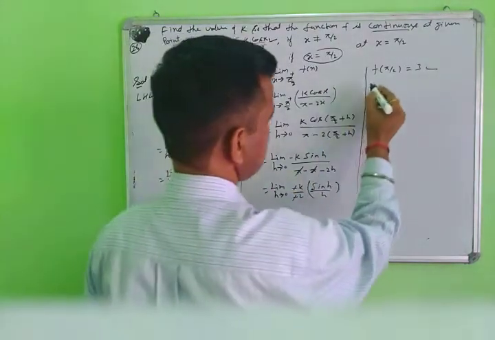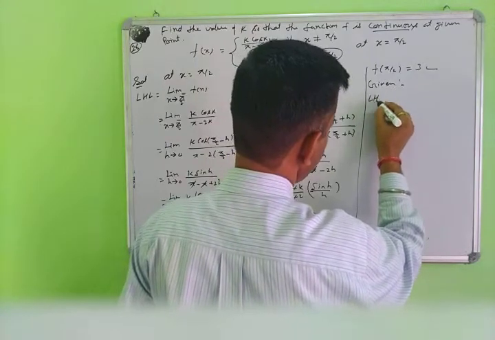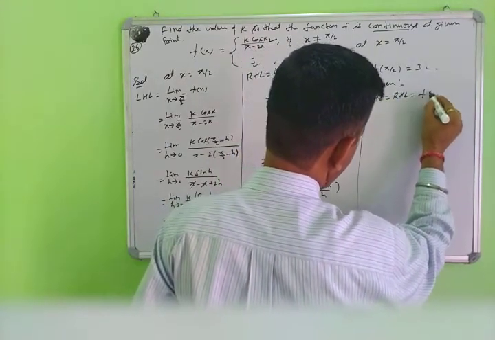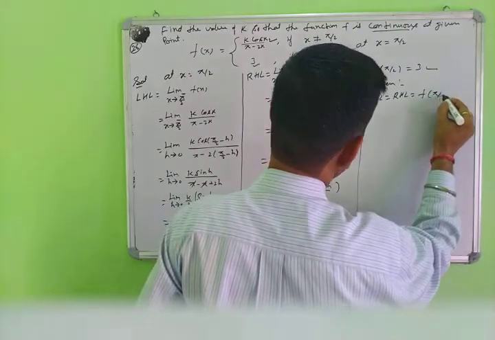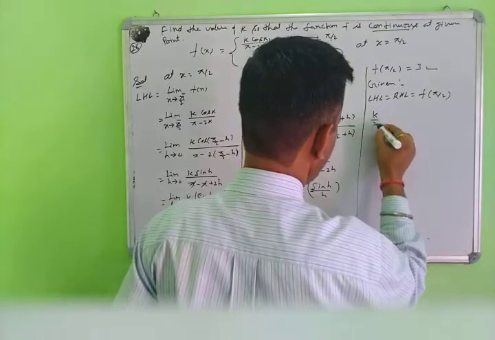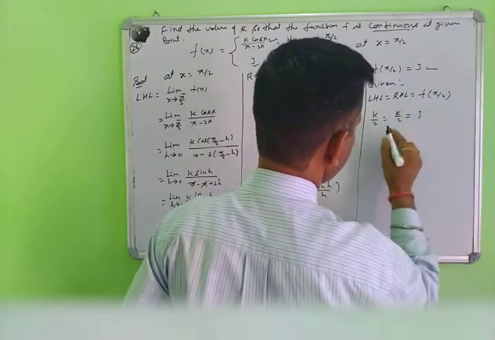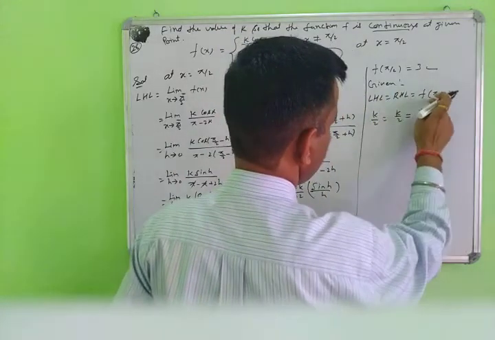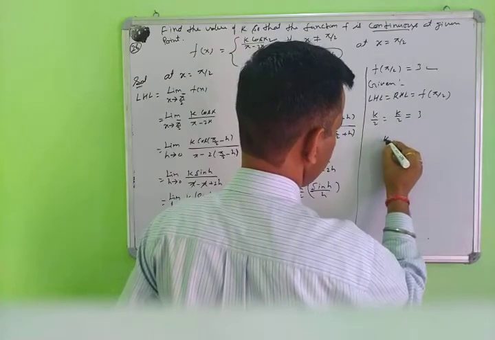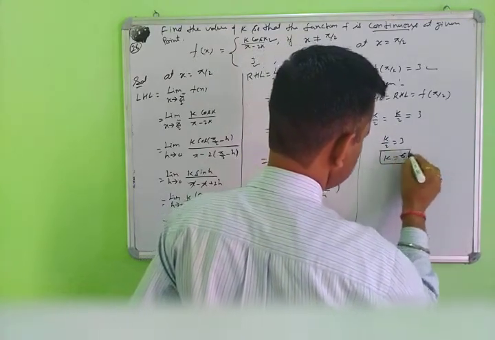The given condition: LHL equals RHL equals f(pi by 2). Then k by 2 equals k by 2 equals 3. Using any two of LHL, RHL and function value, k by 2 equals 3, so k equals 6. The value of k is 6.